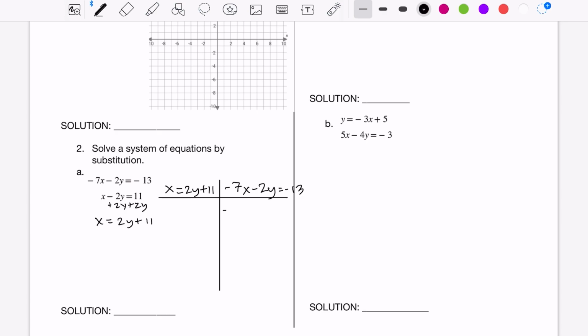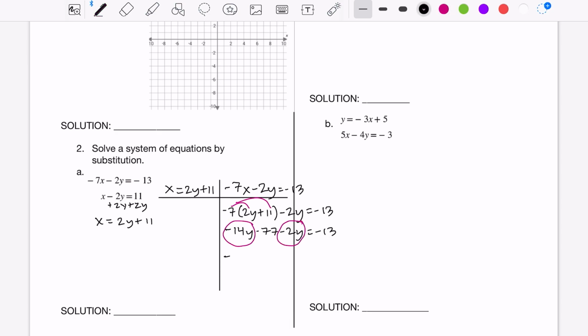So now I'm going to take that 2y plus 11 and put it in for the x variable. And then from here, I'm just going to simplify. So I'm going to do the distributive property. Then I'm going to combine like terms on each side. So you clean up the left.